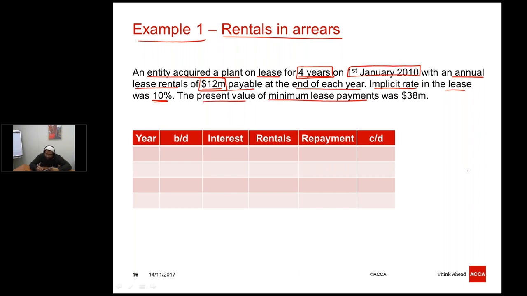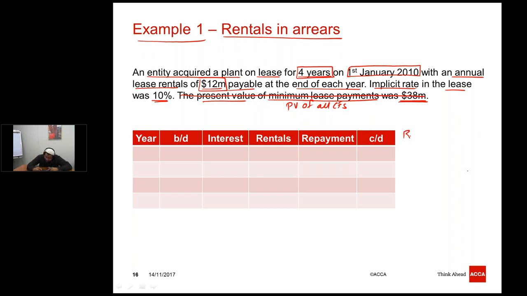The present value of minimum lease payments, meaning the present value of all cash flows, was 38. This is not necessarily given to you in the question, so we are going to recalculate it. The first step is to calculate the present value of all future cash flows.